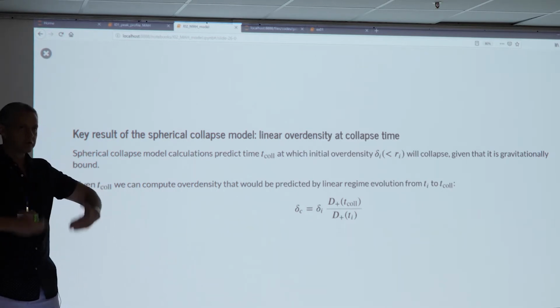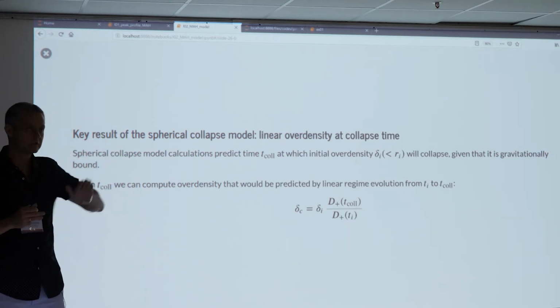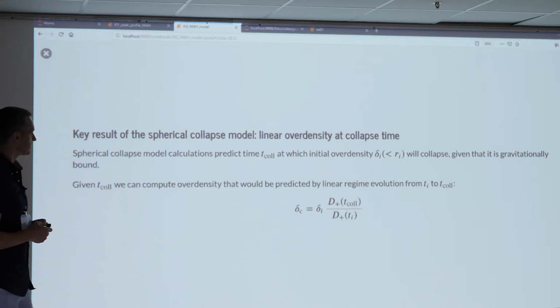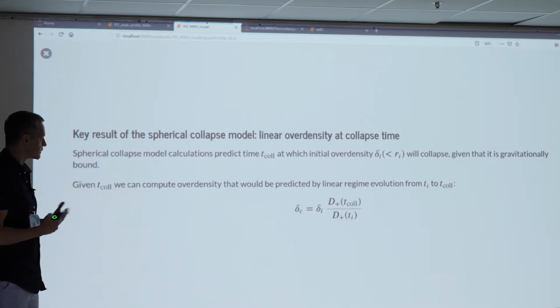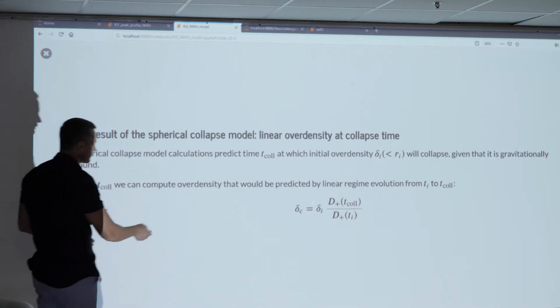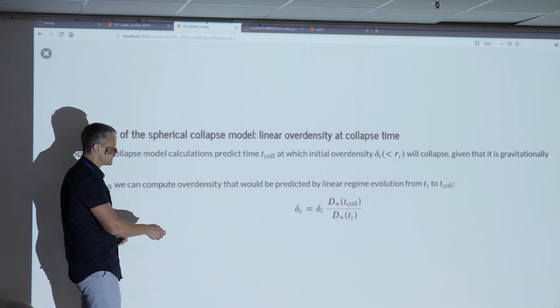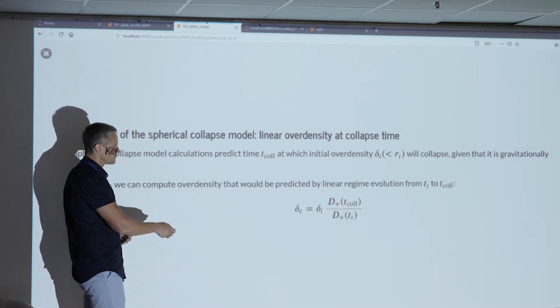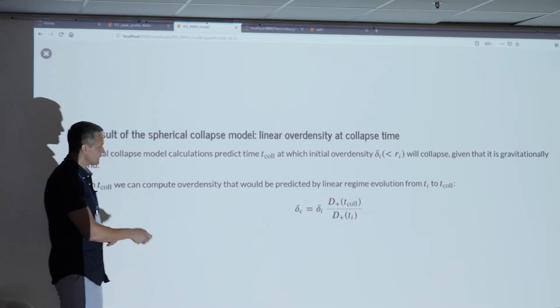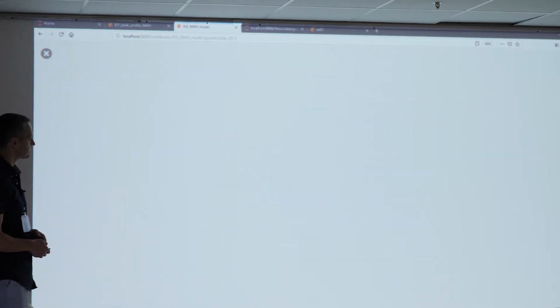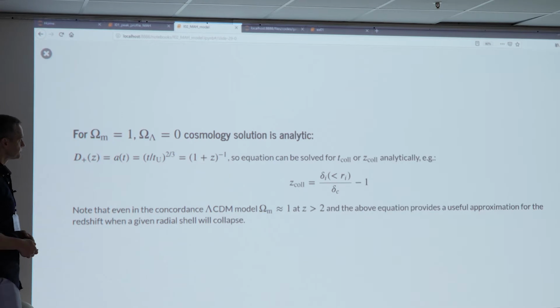So we're using the solution, we're seeing what delta linear model predicts when the solution reaches radius of 0, when it collapses, and we use the result of the spherical collapse calculation that this delta C is almost constant to tell us for a given perturbation at what time it will collapse. This equation is an implicit equation for T-collapse, right?